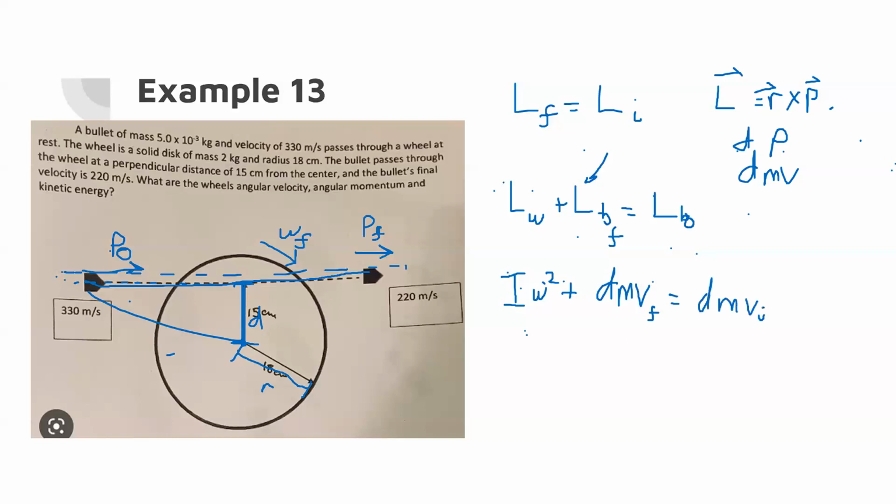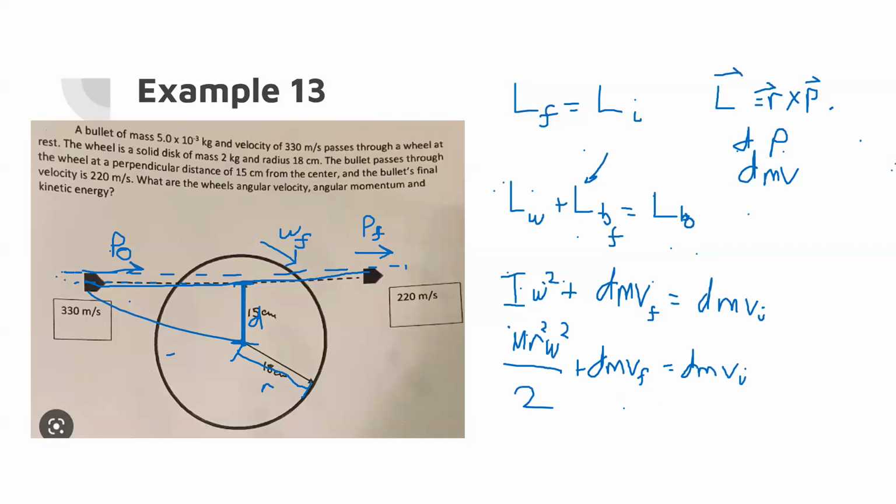It doesn't tell me what the moment of inertia of the wheel is, but I know from my textbook, since it's a solid disk, it's going to be mr, and this time it is the actual r squared omega squared over 2 plus m final equals d m initial.